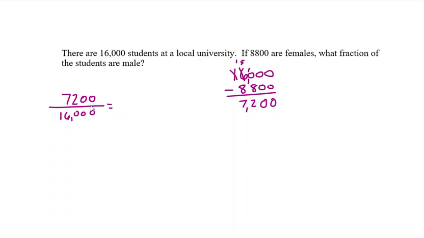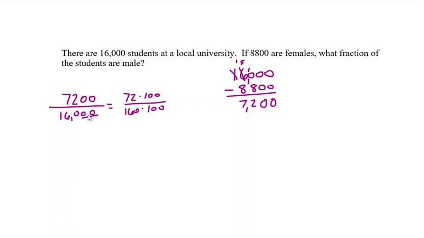Let's think about the first step of reducing this fraction by thinking about it as 72 times 100. See those two zeros there? And there's two zeros here, so that's like 160 times 100 also.